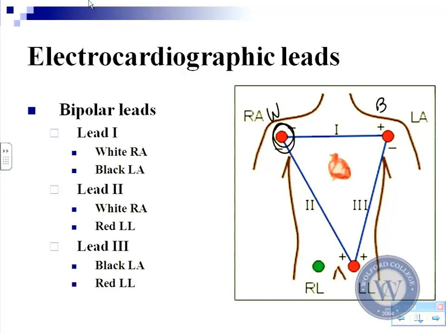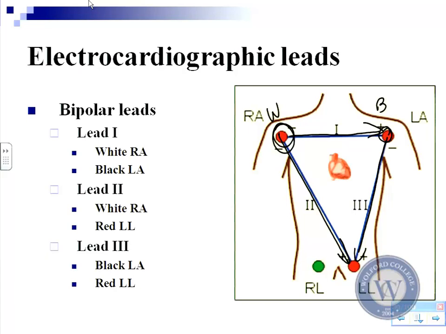The arrow that's generated is always pointing to the positive. Lead 2 looks from the white to the red lead this way, which is lead 2, and that's a positive. And then lead 3 is from the black lead to the red, which gives lead 3. Now, why is that important for you to understand? Well, this is called Einthoven's triangle.